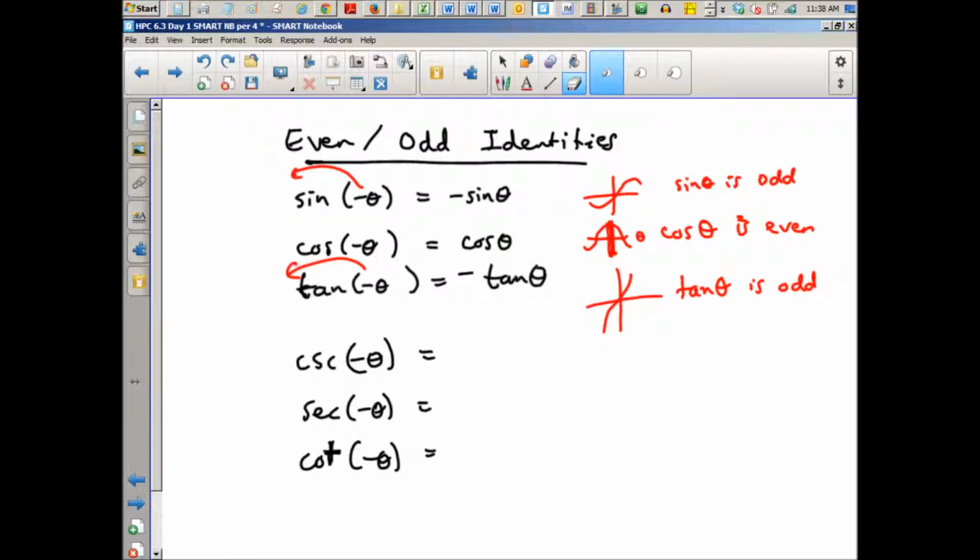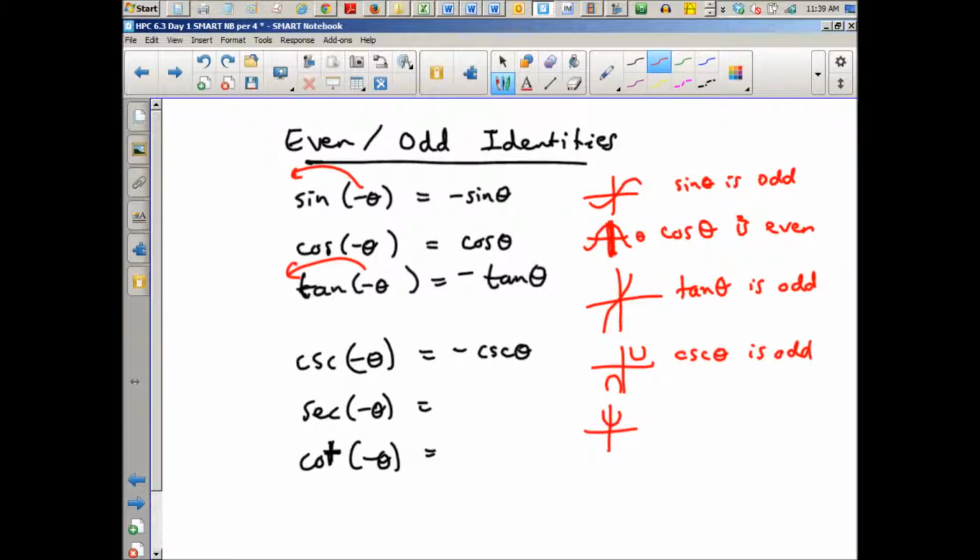Okay? Cosecant graph looks something like this. That was a horrible drawing. Let me redraw that. This is cosecant theta. Remember from your note cards? This thing's odd, right? So you would actually pop the negative out front. Secant theta is clearly even. You can tell from the symmetry.